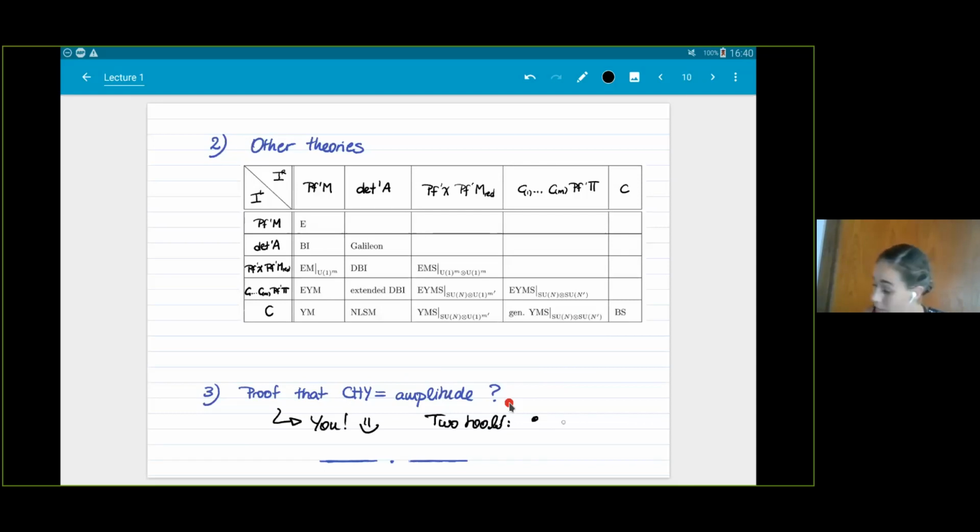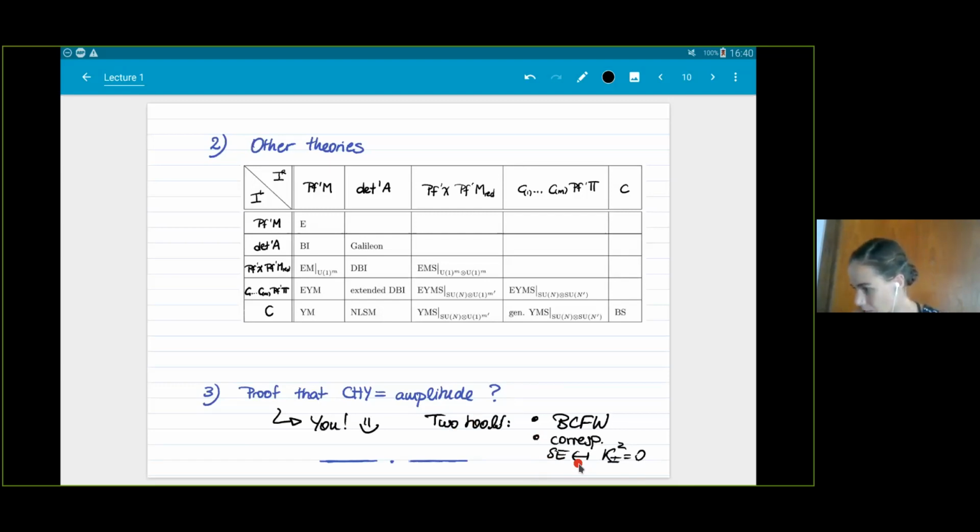And the first one is the BCFW recursion relation. So this is going to be an inductive proof. And the second one is the correspondence between the scattering equations and singular kinematic configurations that we've talked about at the beginning of the lecture.